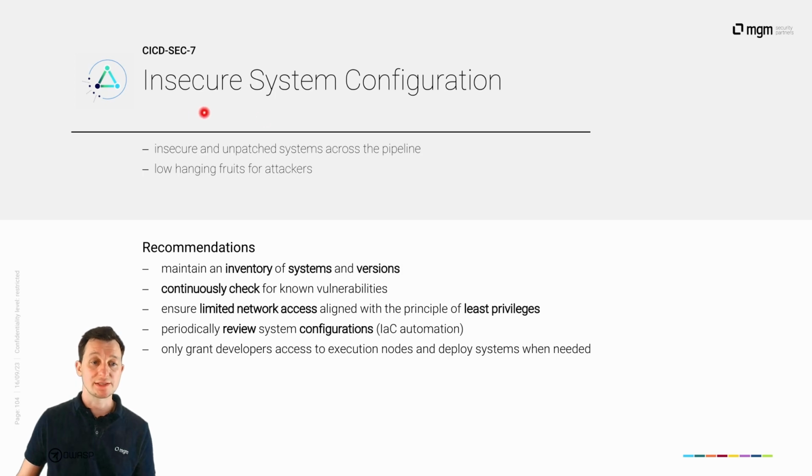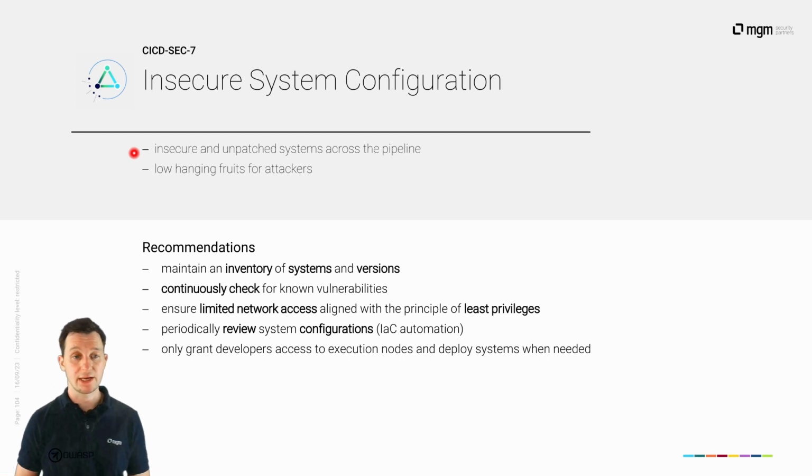And this is, if I'm not completely wrong, the last risk we have: insecure system configuration. The idea is that you have insecurely configured or unpatched systems in the pipeline, and these are low-hanging fruits for attackers. So what you should do is continuously check for vulnerabilities and update your infrastructure, limit network access, and review your configuration.